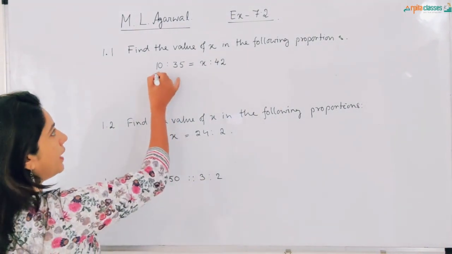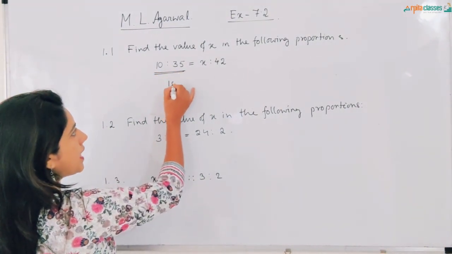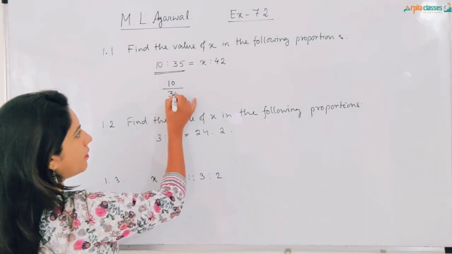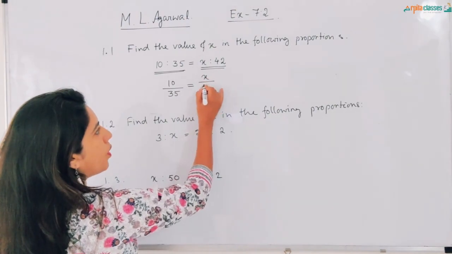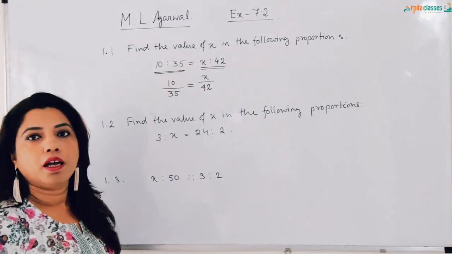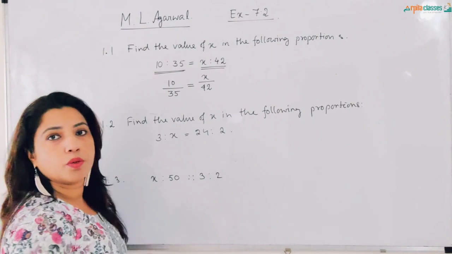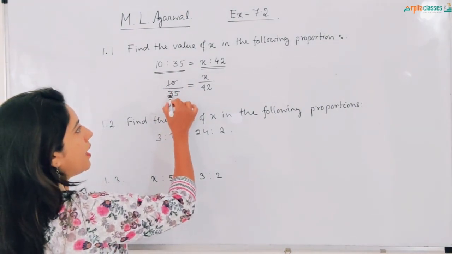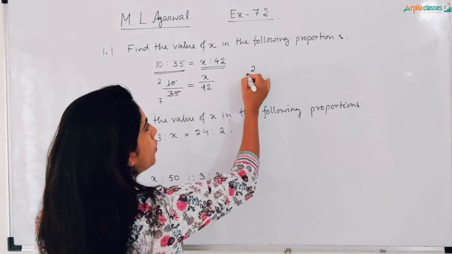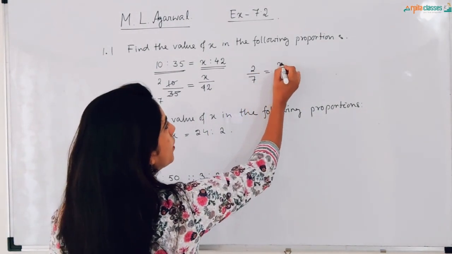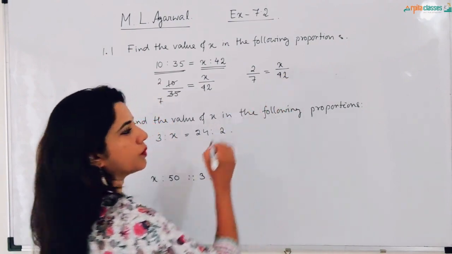So first of all we'll write 10:35 means 10 upon 35 is equal to x is to 42 means x upon 42. Now you can reduce this into the lowest term, divide it by 5, 5 to 5, 7. So we are getting 2 upon 7 is equal to x upon 42.